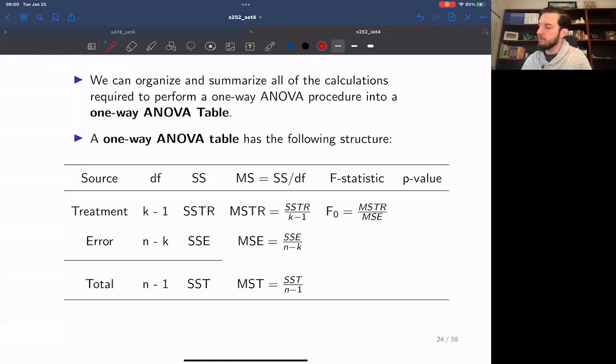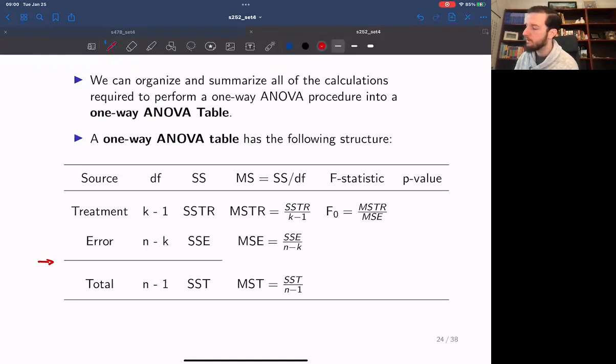The ANOVA table allows us to structure all of the different values we require in order to compute the test statistic. You can see that there is a horizontal bar here. That means add. So this is telling us that the DF treatment plus the DF error is equal to the DF total, and that SSTR plus SSE is equal to SS total.